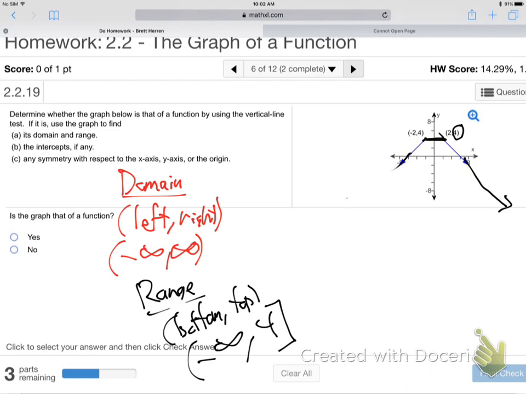Intercepts, it's got a couple. It hits here, here, and here. What are those intercepts? You probably can't see that way back there.